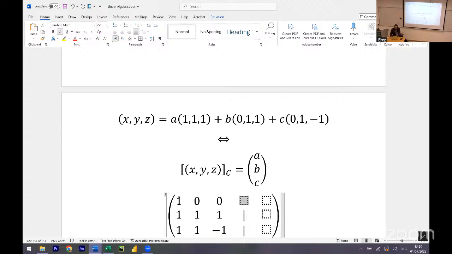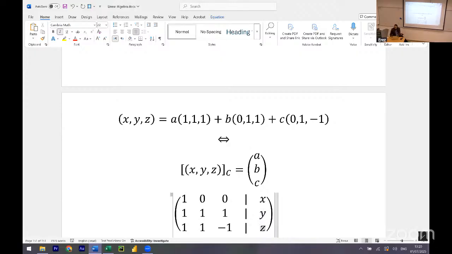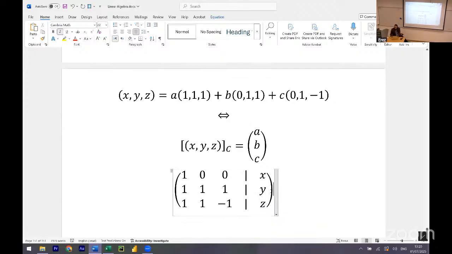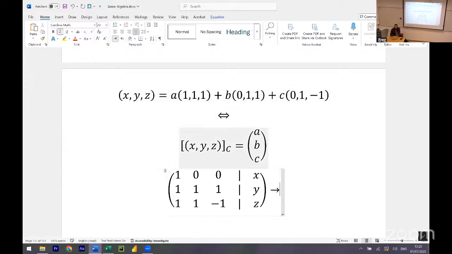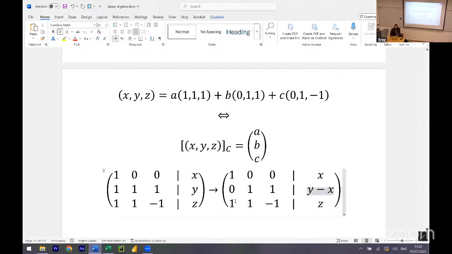It only works with columns, because we're solving a system of equations, and the coefficients of a are 1, 1, and 1. It's the first column. So let's do it quickly, hopefully. This is R2: 0, 1, 1, y minus x. This is 0, 1, -1, z minus x.